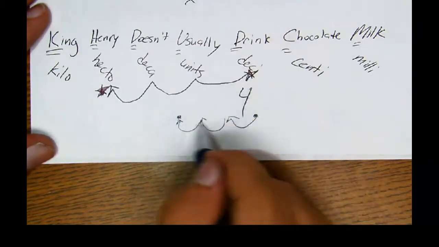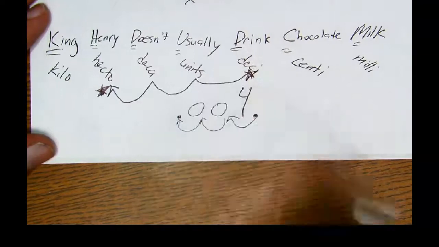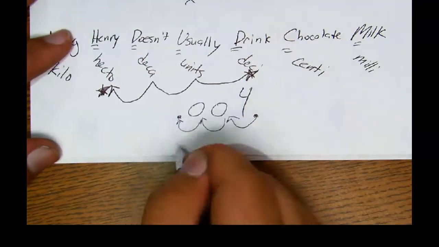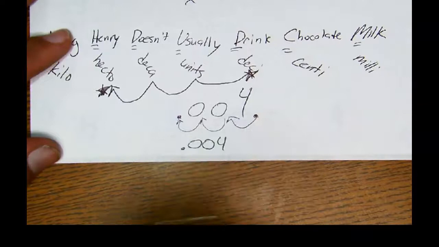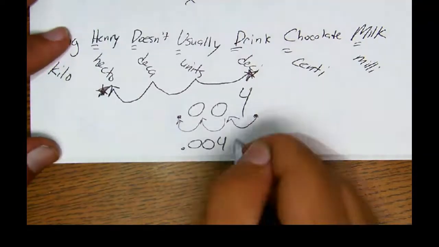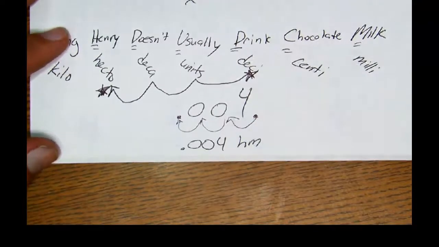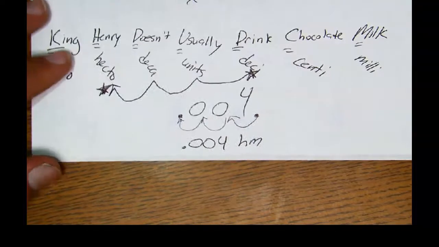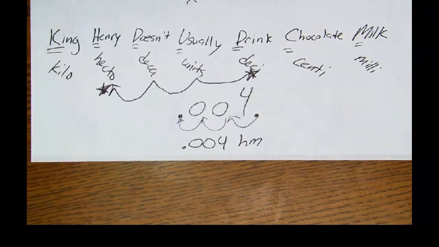And to fill in these gaps, I have to put in zeros. So my new answer is 0.004 hectometers. And that's how you solve using metrics. I hope that kind of makes sense.